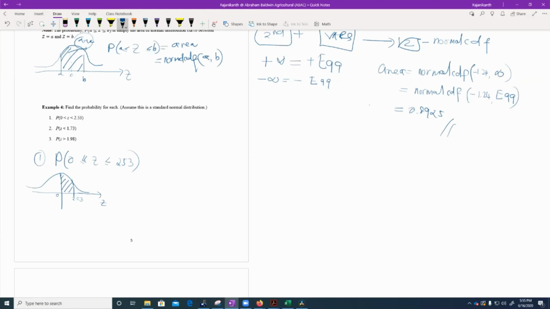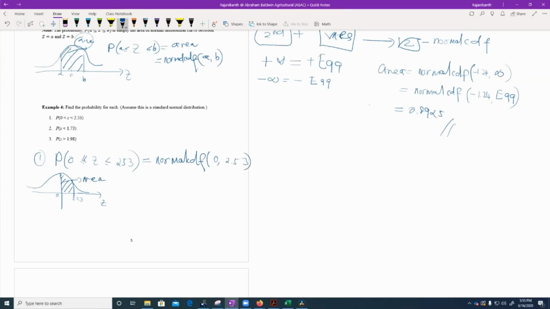So the probability of being between 0 and 2.53 is nothing but this area. Okay, so how do you find that area? Well, we know how to find area. Simply use the calculator with the normal CDF. Put the bounds for this area. This area bound is 0 and 2.53.